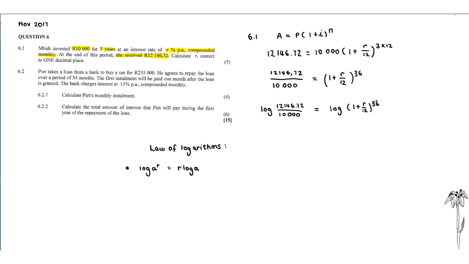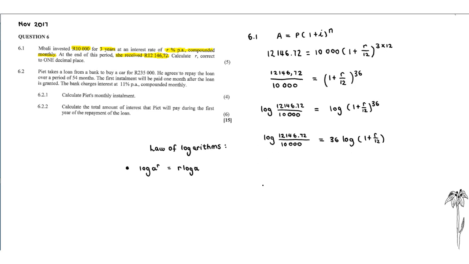Then this 36 can come down to the front, so you have log of 12,146.72 divided by 10,000 equals 36 log of (1 plus r divided by 12).